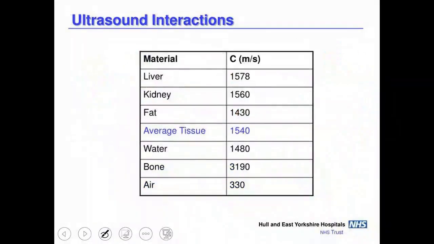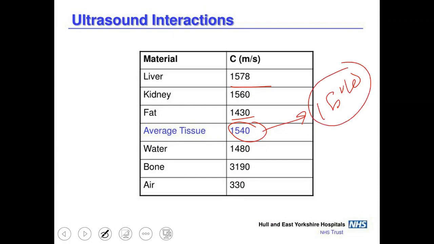So, a table is necessary for me. The average speed between the tissues I use is 1,540 meters per second, and this value is very important. This is the average for the tissues for me.